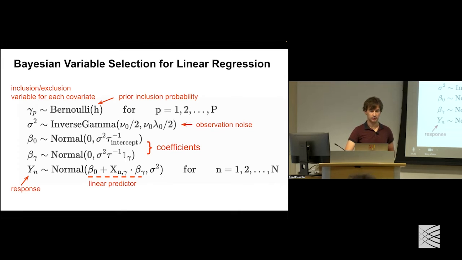Can you explain the noise term inside? Can you explain the noise for the two normal distributions for beta 0 and beta gamma? Oh yeah, so the form of the prior over beta might look a bit unusual to you, because it includes sigma squared, and sigma squared is the noise that appears in the likelihood.